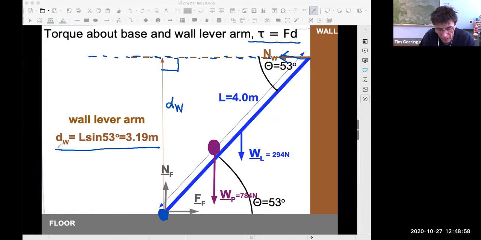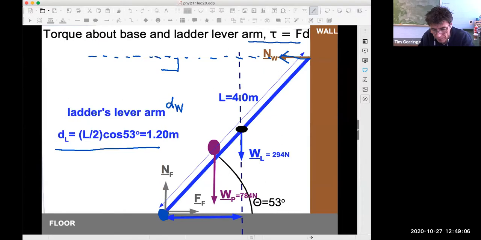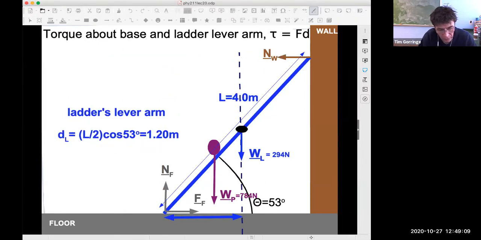There are 2 other lever arms that I want to calculate. The second one is what we call the ladder's lever arm. The weight of the ladder also will create a torque.